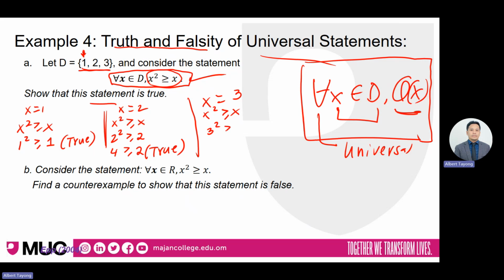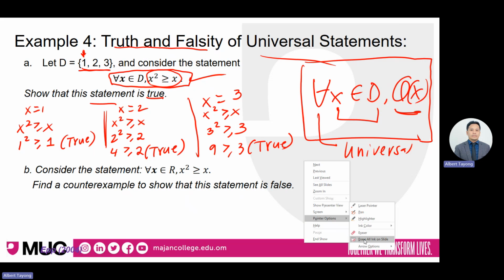So we have 3 squared greater than or equal to 3. 9 is greater than or equal to 3. It's also true. So the statement is indeed true.